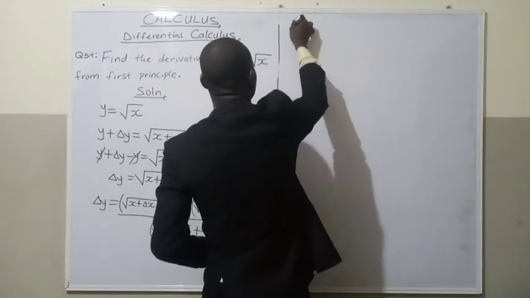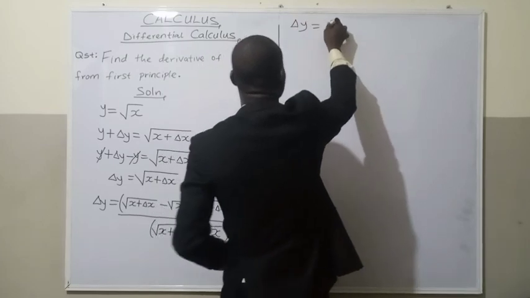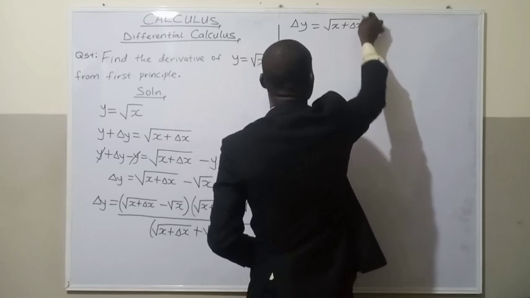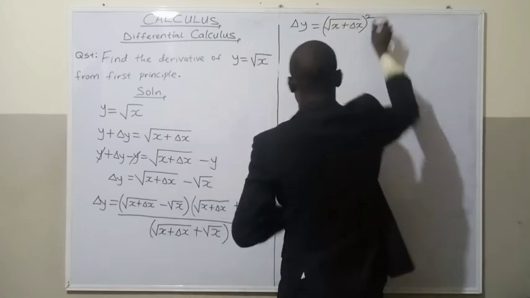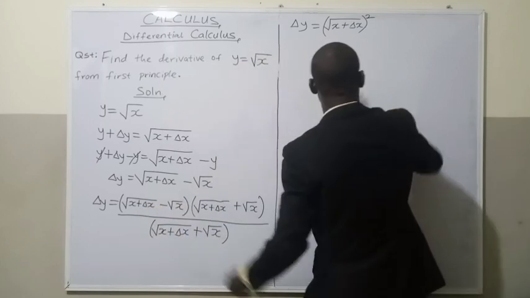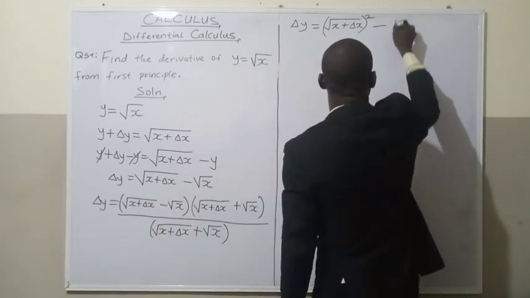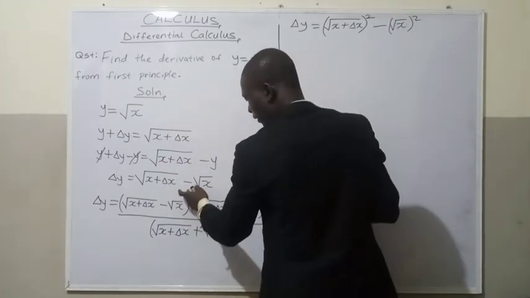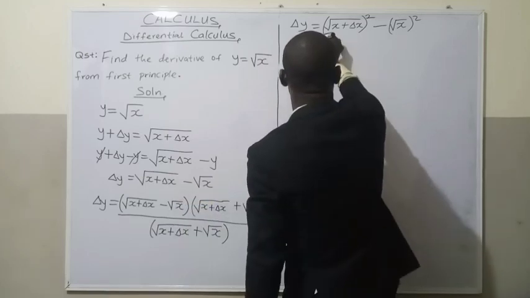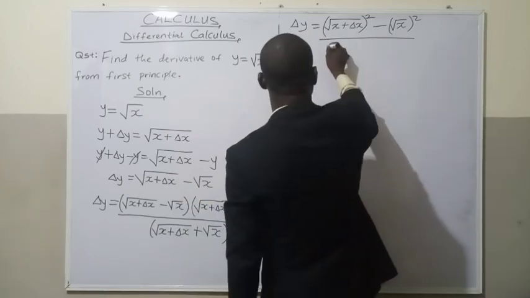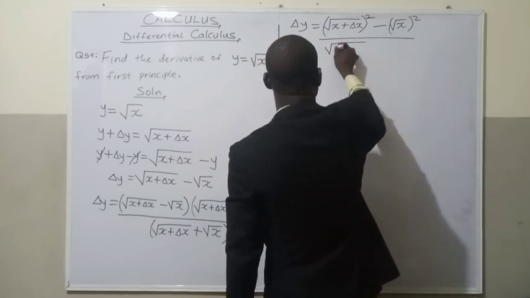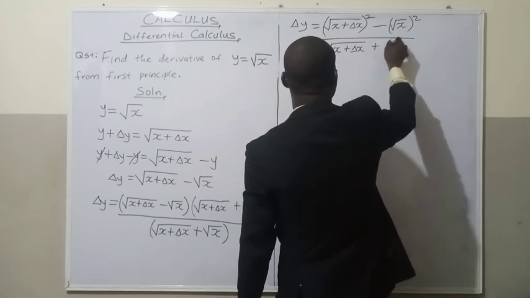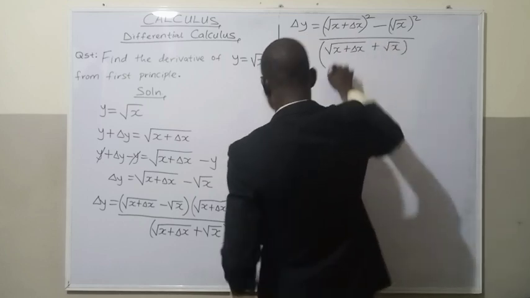We are going to have delta y equals root of (x plus delta x) squared, which is representing our a here, then minus root x squared, which is representing our b here in this case, and everything is going to be over root of (x plus delta x) and then plus root x for the denominator.